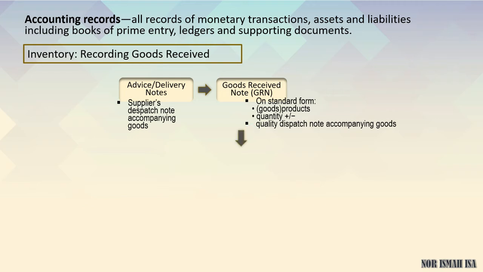From that, the buyer will update the inventory records. This is an internal control for the inventory.